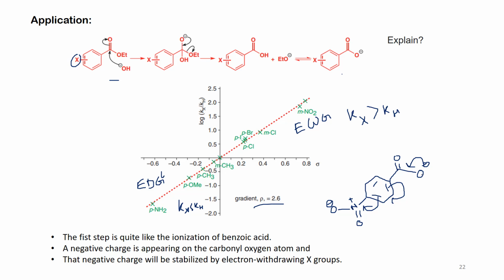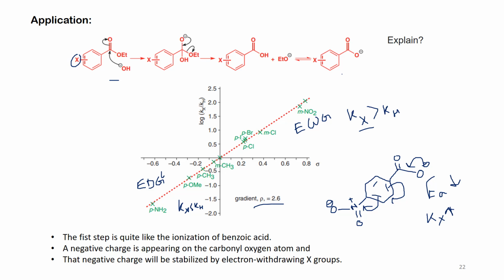As much as the intermediate gets stabilized, the activation energy required for that reaction gets reduced. So the reaction rate gets faster. So this gets stabilized, the Ea for this reaction gets reduced, so the rate enhances. Okay, I think it's clear.